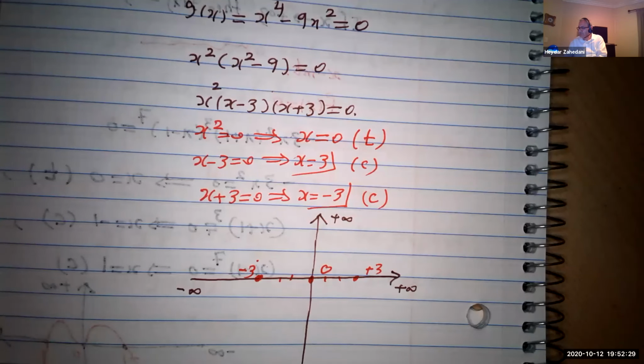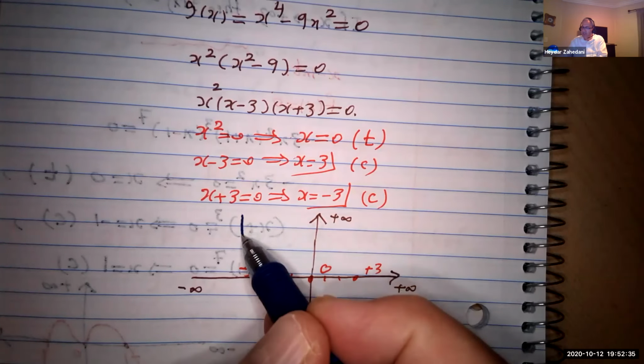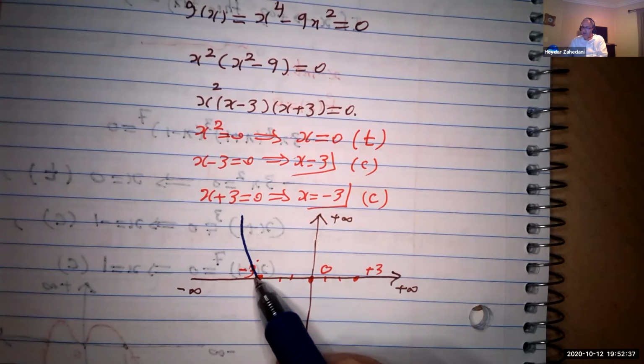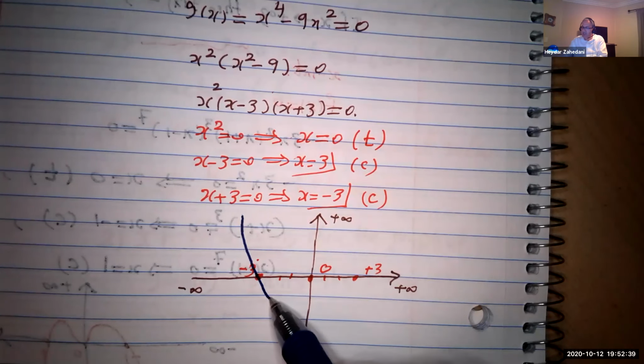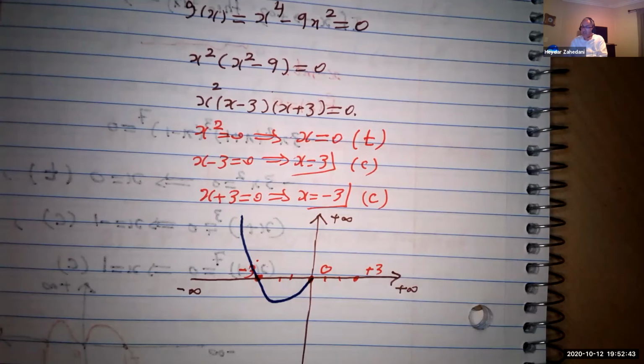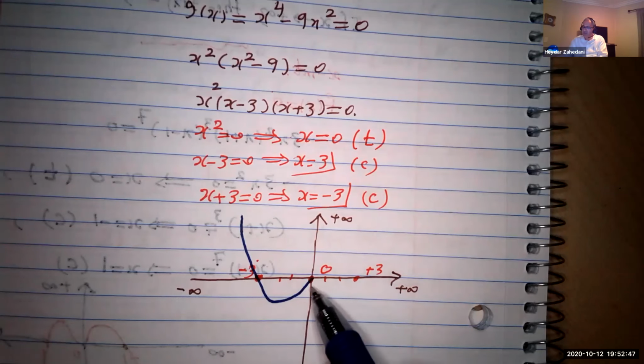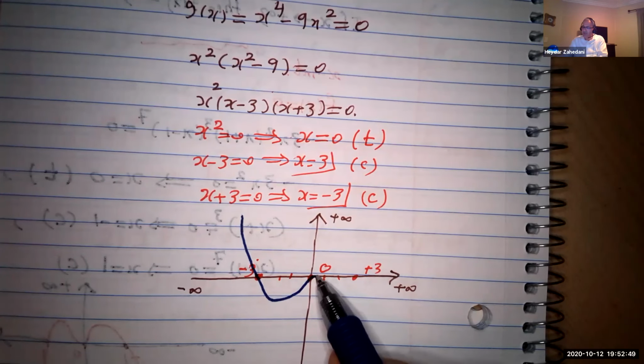You know you are going to have a crossing at negative 3, so you come from here, nice cross. When you cross, go down, then turn and get to the next one. At the next one you have a touch. You touch, you bounce back.